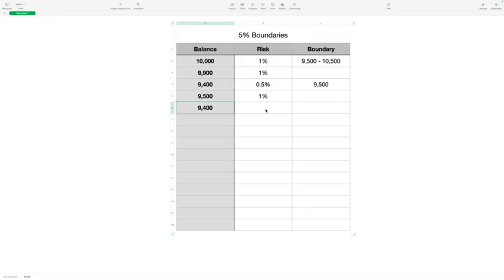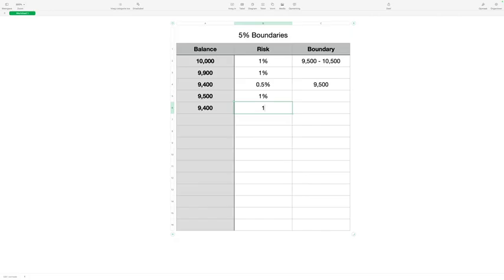Otherwise, that might create a break-even cycle, where if I lose and win with the 0.5%, and lose and win and lose and win, and I'm at a 50% win rate, then I'm going to be in a break-even cycle. That's something we want to avoid. The way we avoid that is by using the same risk twice when we are upping our risk.